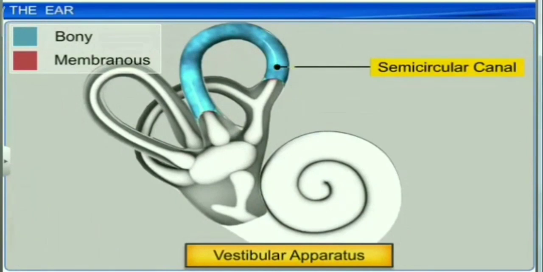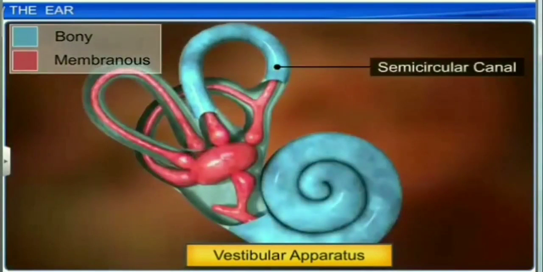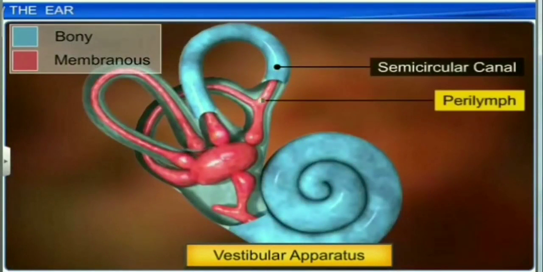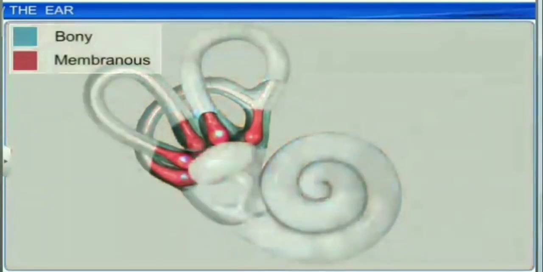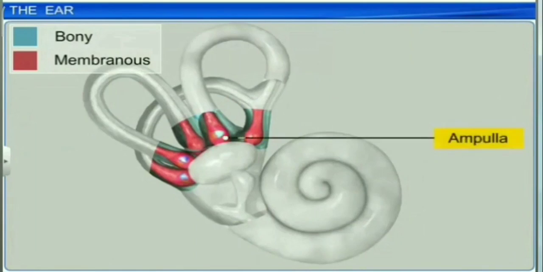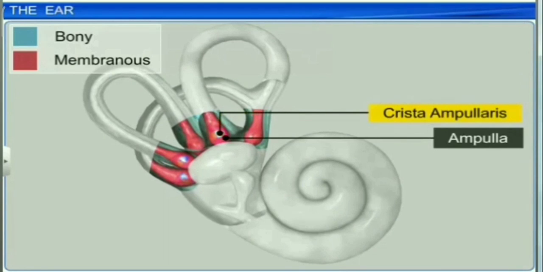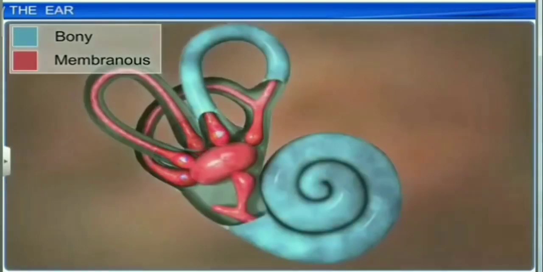These canals are filled with endolymph. The base of each canal has an ampulla. Here you can see the ampulla, in which there is a sensory spot called crista. The crista helps in maintaining equilibrium.